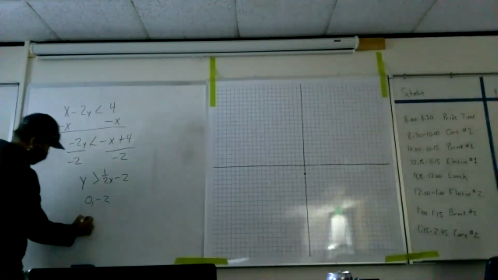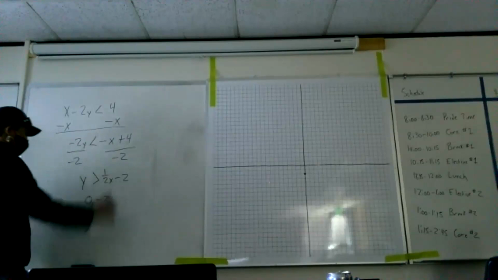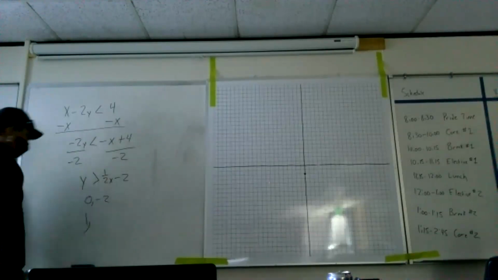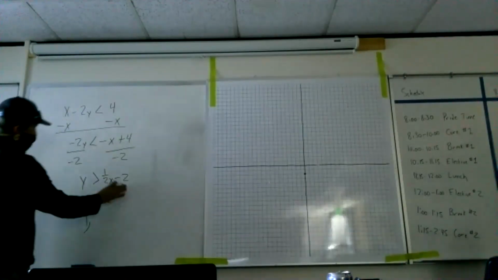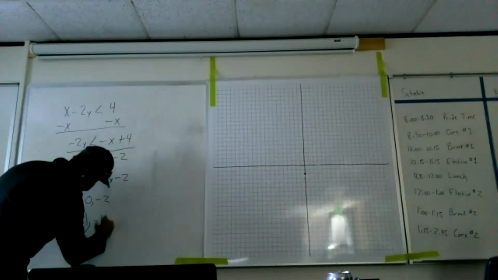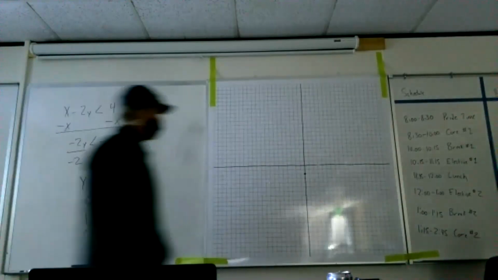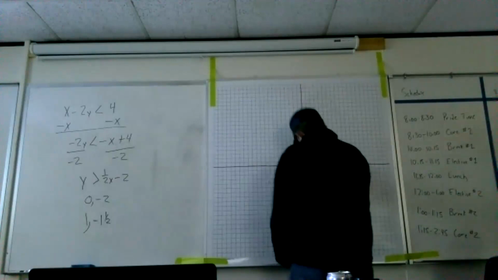The next point that I'm going to use is I'm going to use x equals 1. 1/2 times x is 1/2. Subtracted by 2 is a negative 1 and 1/2. Which would fall right about there on my graph.